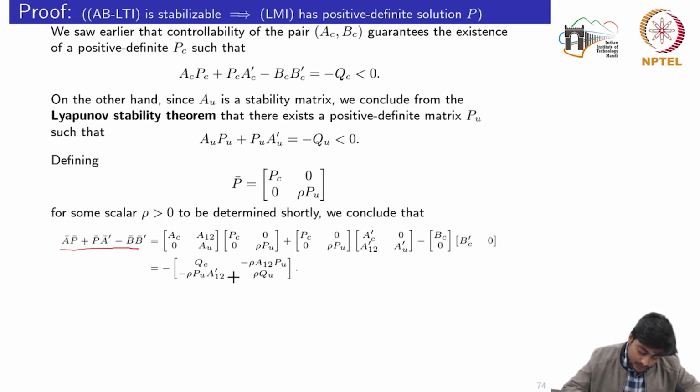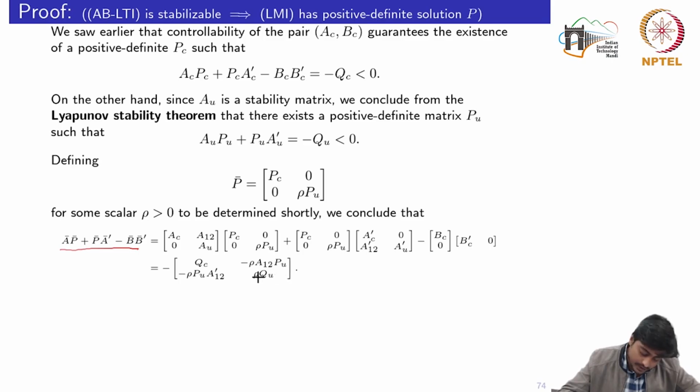Now, see this matrix first of all is a symmetric matrix because the off diagonal elements are equal. Or, if I take the transpose of this matrix, I would obtain the equivalent. Now the second part: QC we have defined already is a positive definite matrix. QU, which we have obtained from the uncontrollable part, is a positive definite matrix.